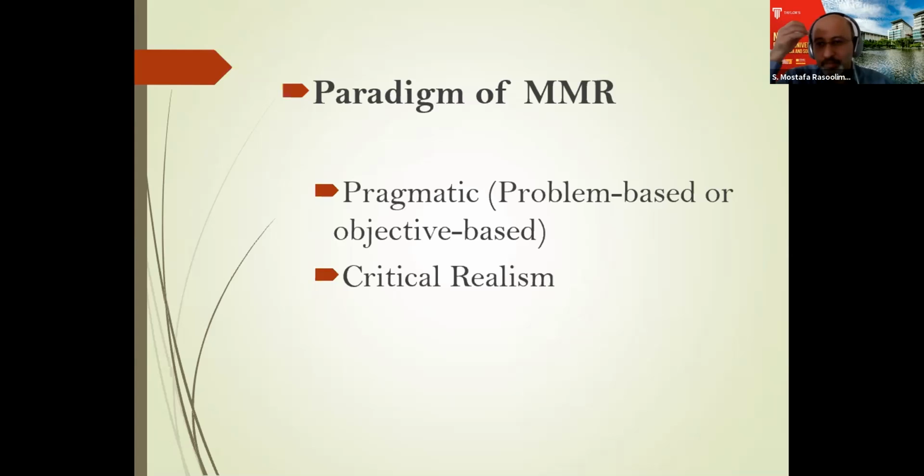From this perspective, any type of method can be acceptable, and we can have different valid types of knowledge. Knowledge come from positivist epistemology, or knowledge come from interpretivist epistemology.